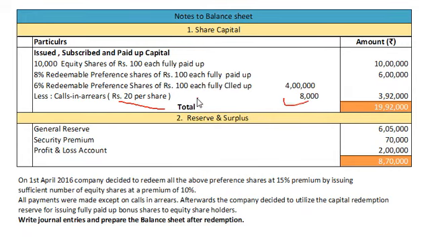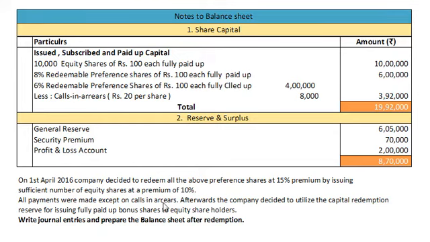It means 400 shares are partly paid up, that is 8,000 divided by rupees 20 per share. Total 6% shares, that is 4 lakh divided by rupees 100, is 4,000 shares, and out of 4,000 shares, 400 shares are partly paid up. It means 3,600 6% redeemable preference shares are fully paid up.